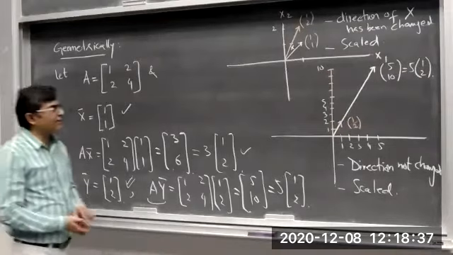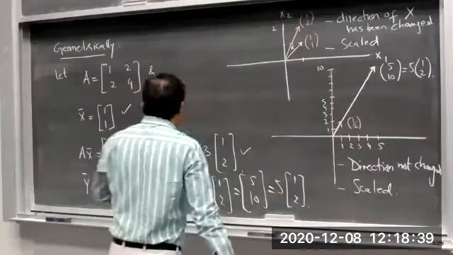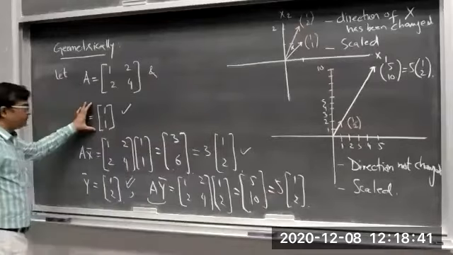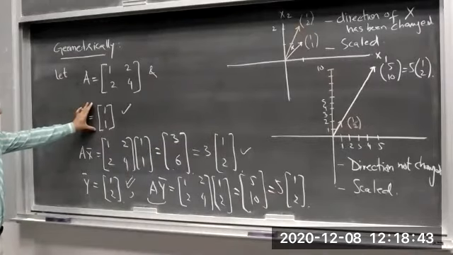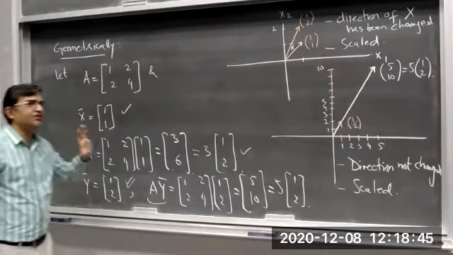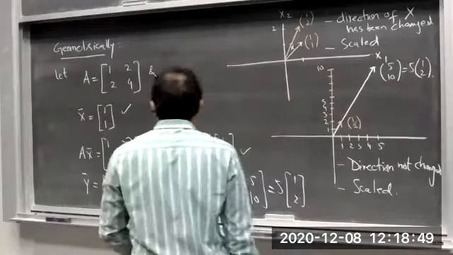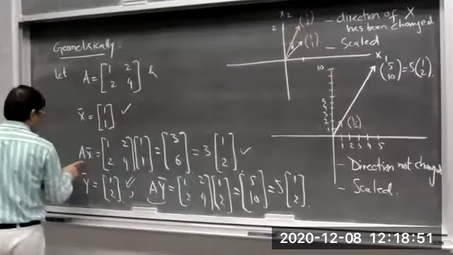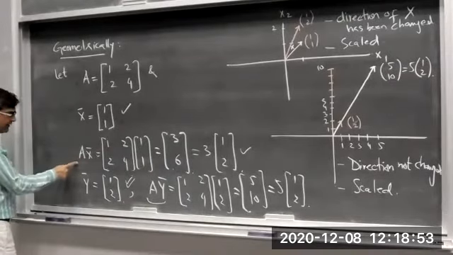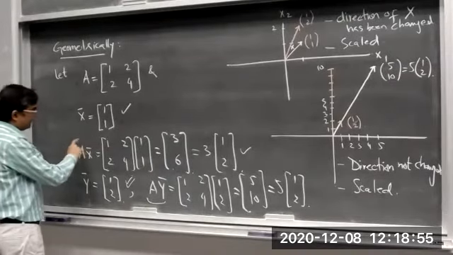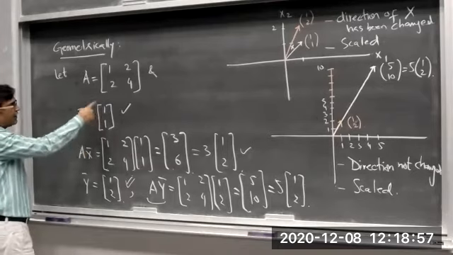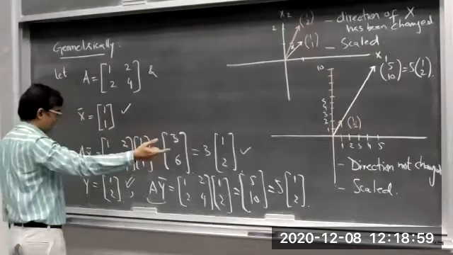You can say simply that these vectors do not change their direction. They are not rotated, in fact, under the transformation A. Basically, this A is going to transform this vector into a new vector.